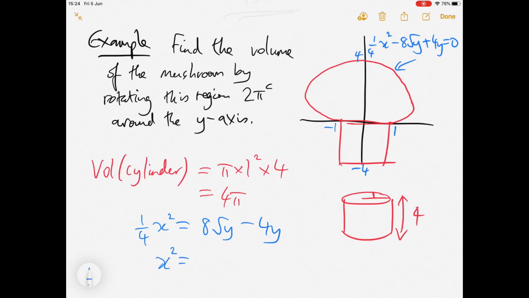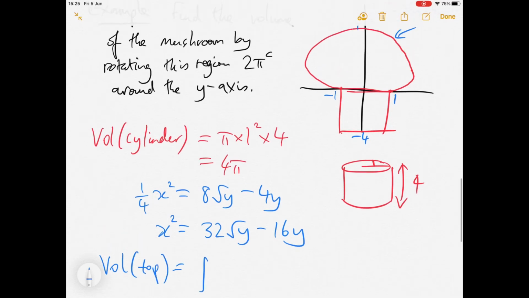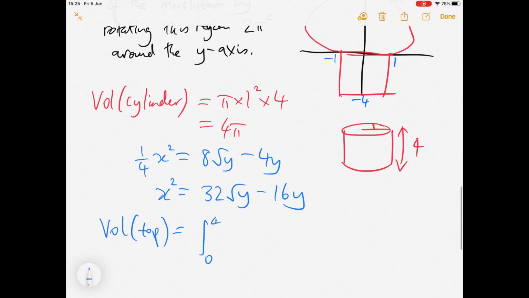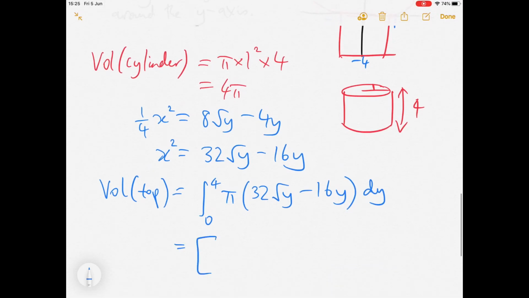So x squared, and I'll just leave it as x squared, is 32 root y minus 16y. So the volume of the top part is going to be the integral from 0 to 4 of pi x squared, well, x squared is this, dy.